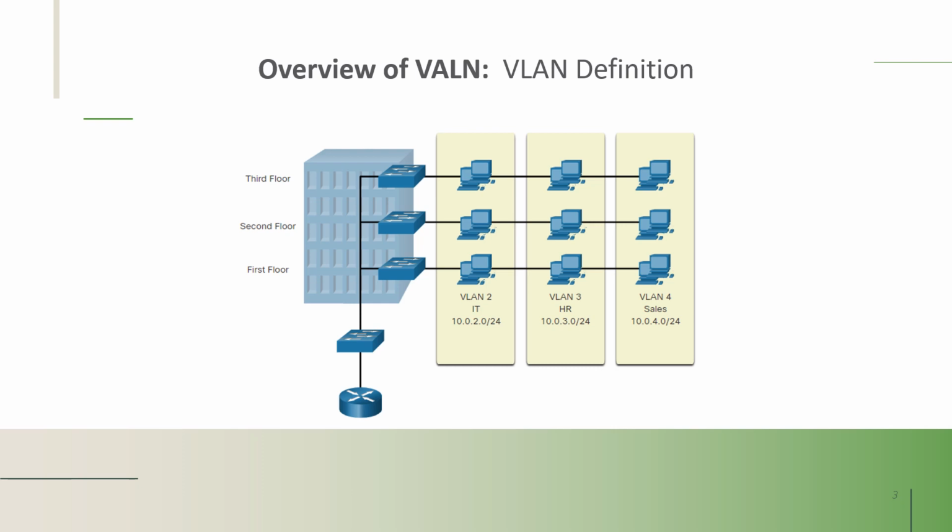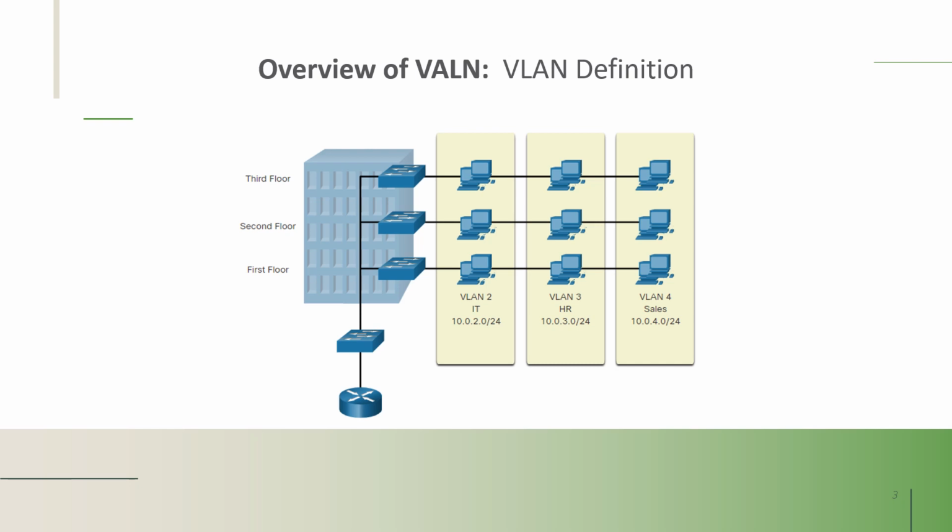And those need to be connected to the same network regardless of the physical switch being used or location in a campus LAN. VLANs will allow an administrator to segment the network based on factors such as function, team, or application without regard for the physical location of the users or devices.